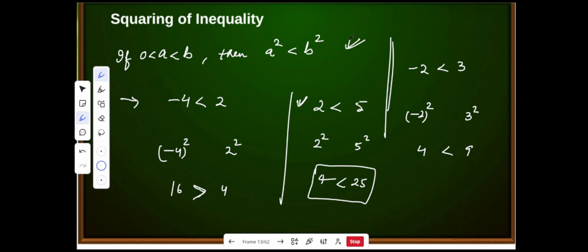So this is obvious. If this is the case, then this will always be true. But here we have taken this number minus 4 less than 2 and minus 2 less than 3. Here in this case we found that by taking a square, the inequality sign is changed, and here the inequality sign doesn't change.